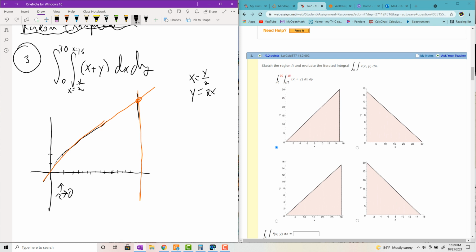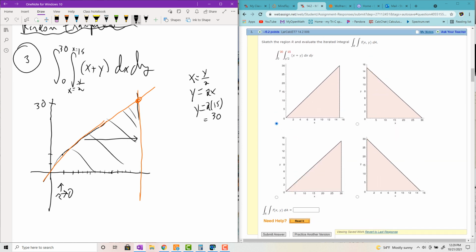It's x is 15, so y is 2 times 15, which is 30. So that's the point (15, 30). I'm going curve to curve, and then point to point. So on the y-axis, I'm going from 0 to 30. The region I'm integrating over is this region right here. That's the first region given.